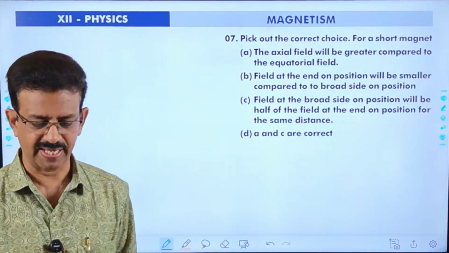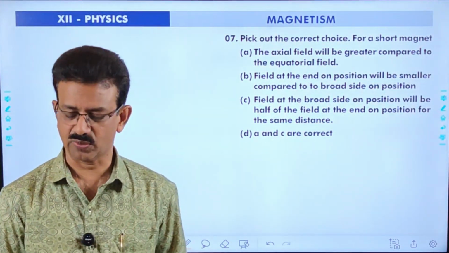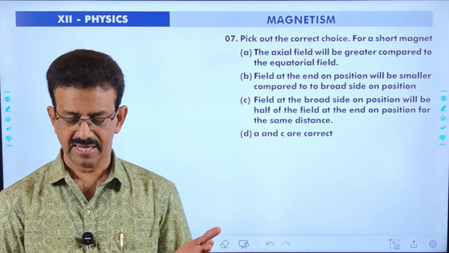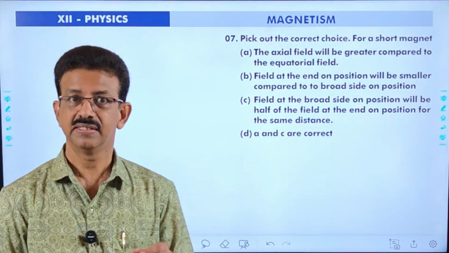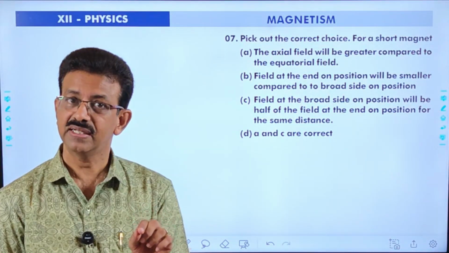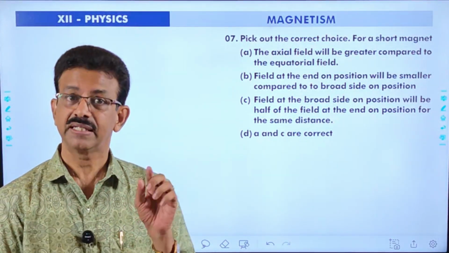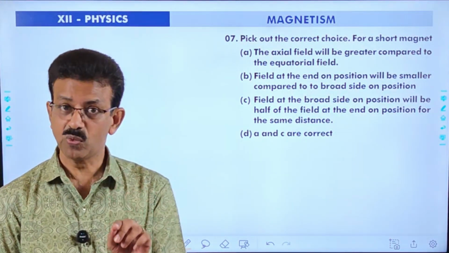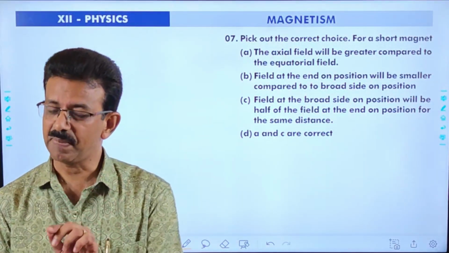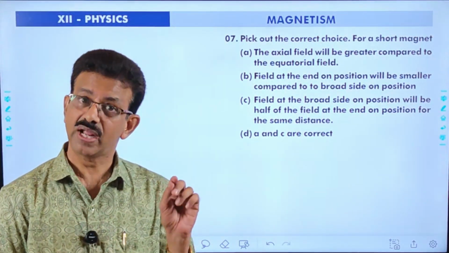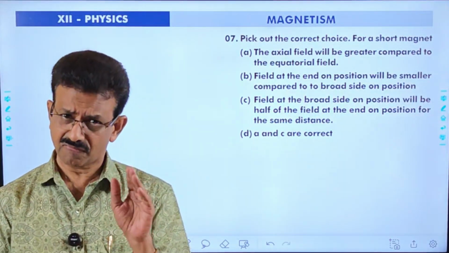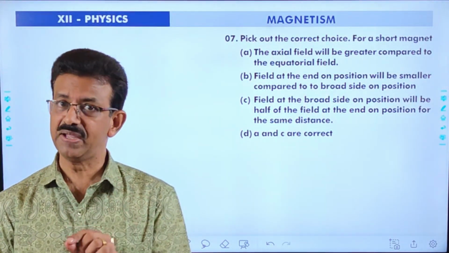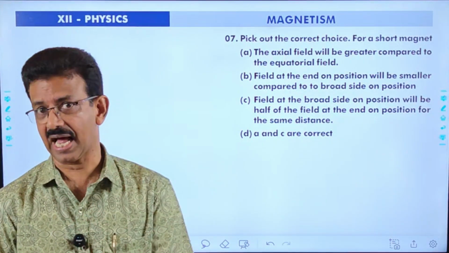Next one is also a theory question. Pick out the correct choice. For a short bar magnet, axial and equatorial field. Question is about the axial and equatorial field. For a short bar magnet, as earlier mentioned, the axial field is mu by 4 pi 2p by r cube. And at an equatorial point for a short magnet, flux density is mu by 4 pi p by r cube.